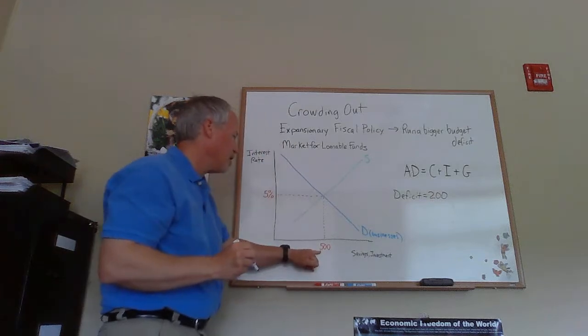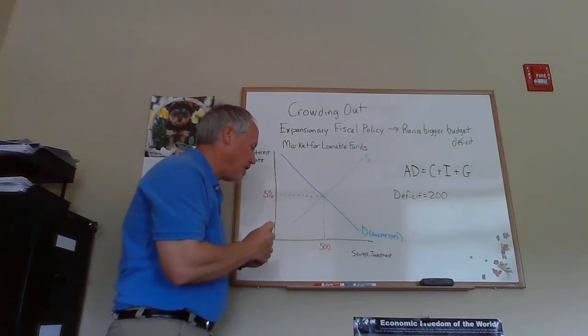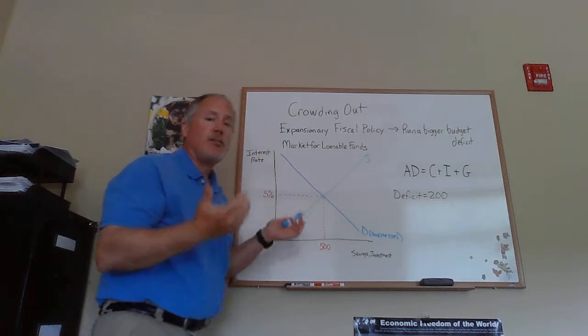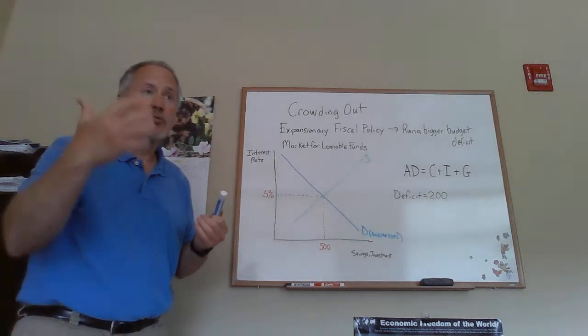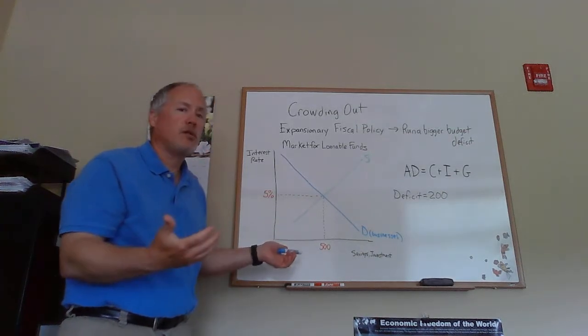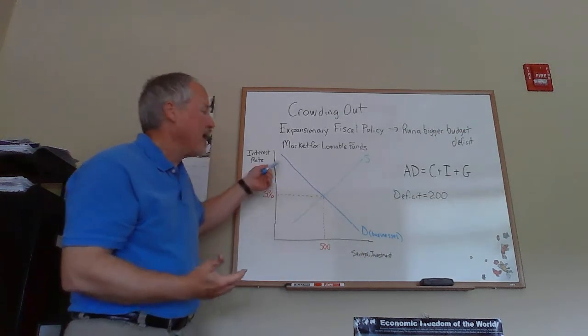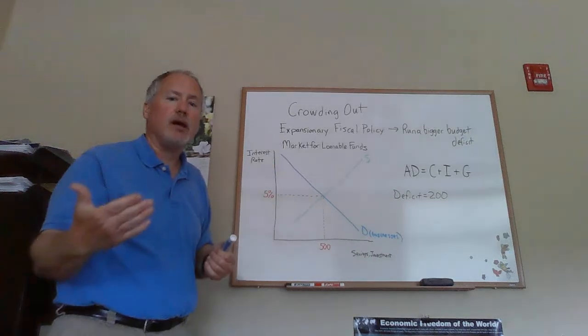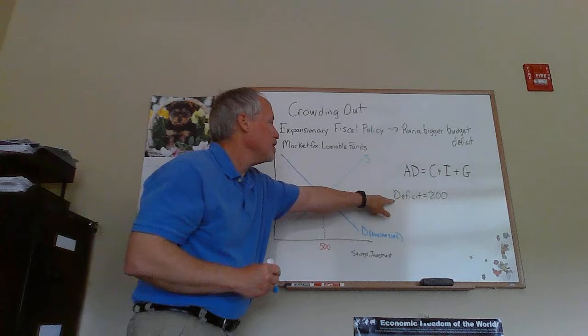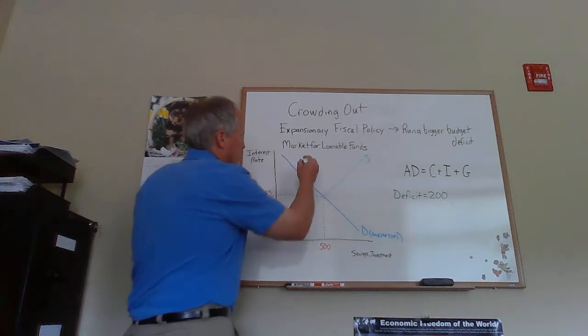We're starting from a savings of 500. What that's going to mean is there's greater demand for borrowing now. The government is going to come in here as a participant in the market for loanable funds and want to borrow more. They're a borrower. That's going to increase the demand for loanable funds, shifting this demand curve to the right by 200.